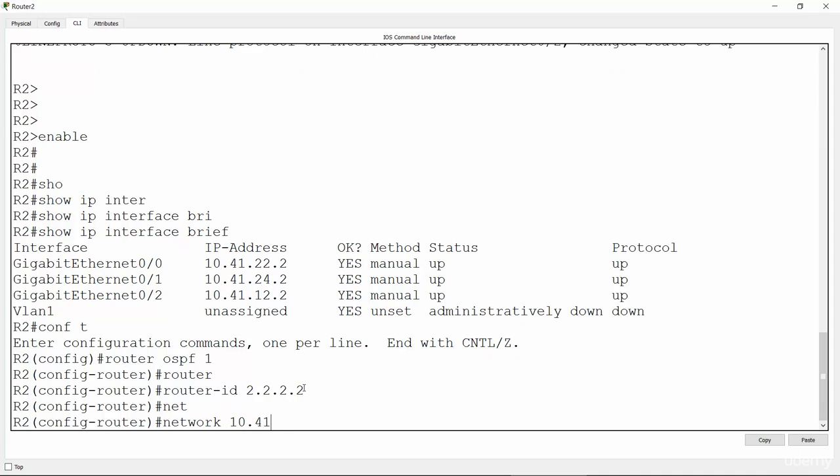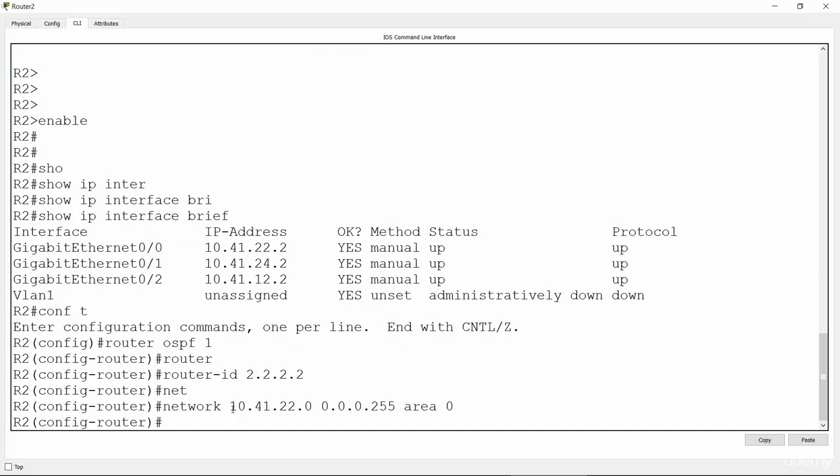Network 0 and area 0. Because I'm using a /24, my network ID is 22.0, and because I'm using a /24 again, my wildcard is 0.0.0.255.